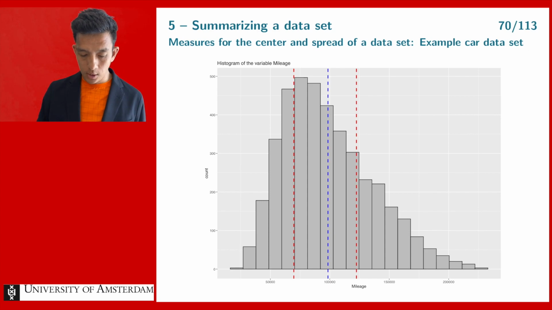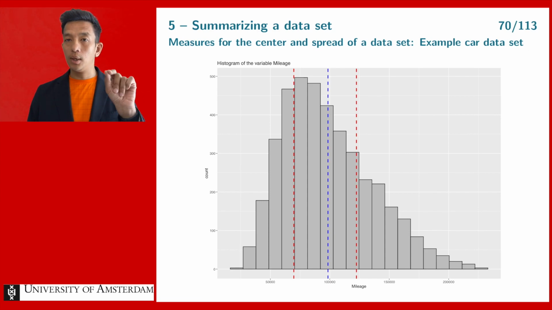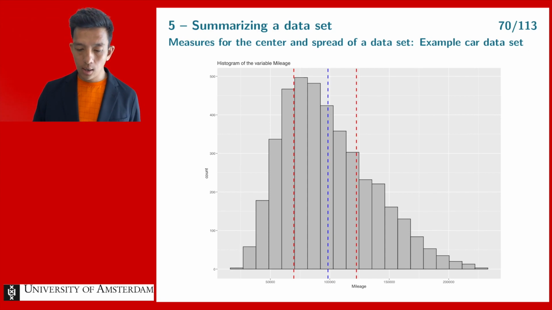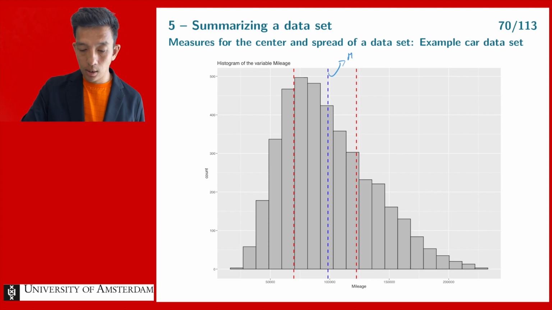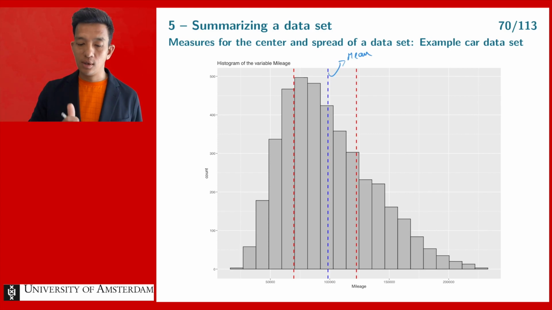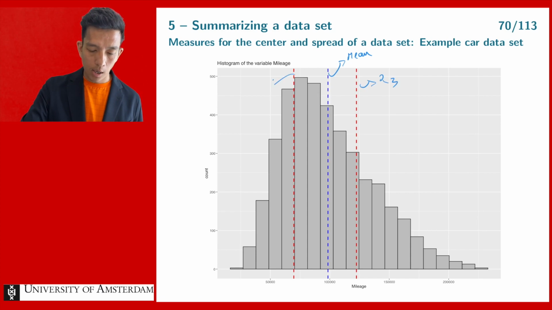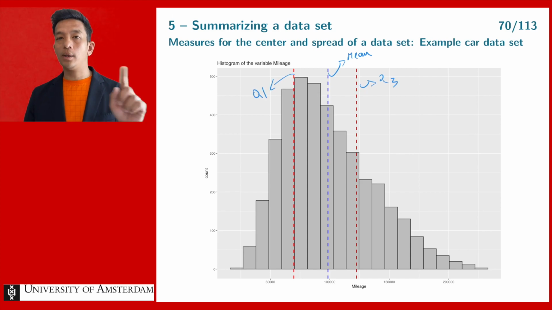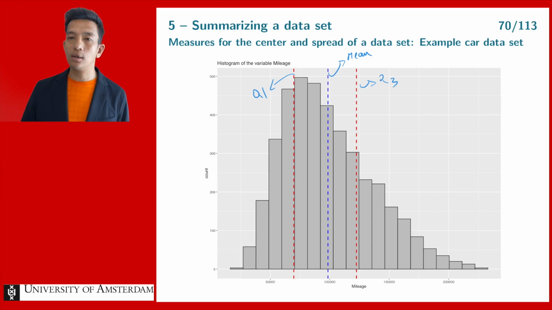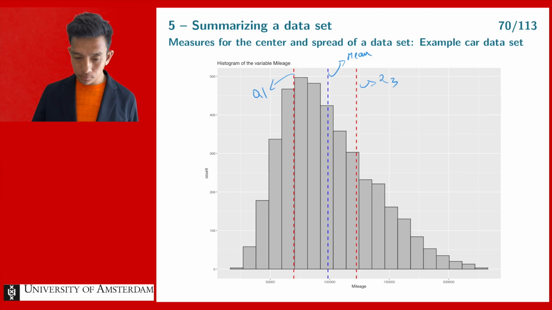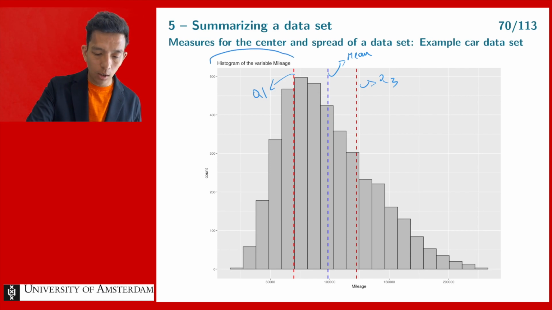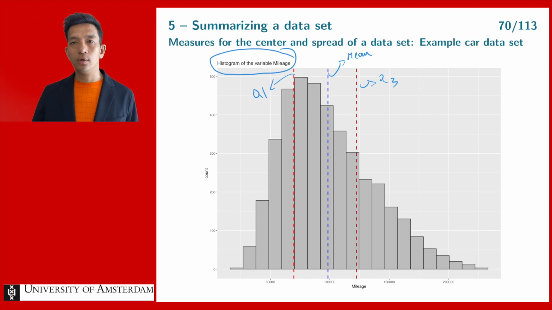I have the histogram in black with filling in gray. I have my mean in the middle, a blue dashed vertical line, and then I have my Q3 and my Q1. And if I have the Q1 and the Q3, I can, for example, calculate the interquartile range. I also add the last layer, which is here, the title of the histogram.